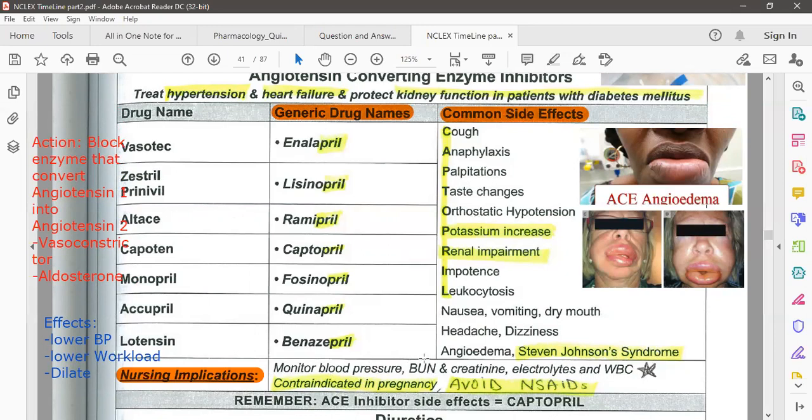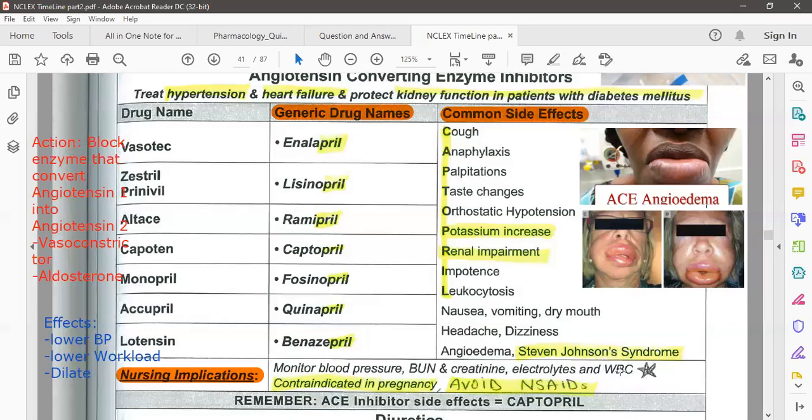We could check the blood urea nitrogen and creatinine to protect their kidney function. Also, check electrolytes because ACE inhibitors can cause hyperkalemia, a potassium level increase. WBC also needs to be checked.